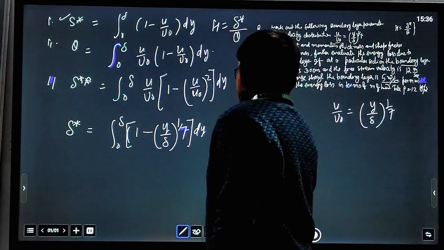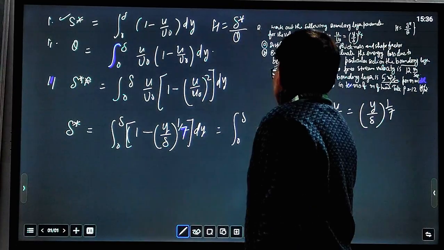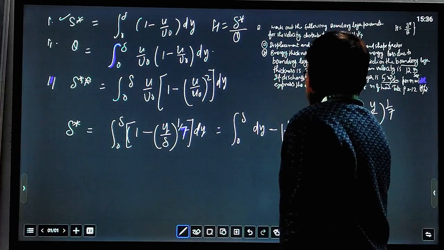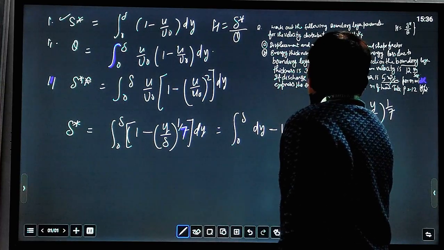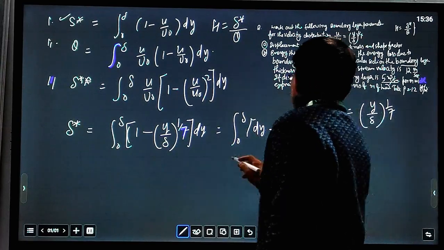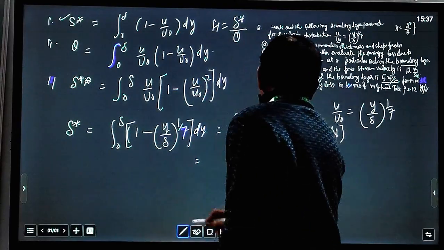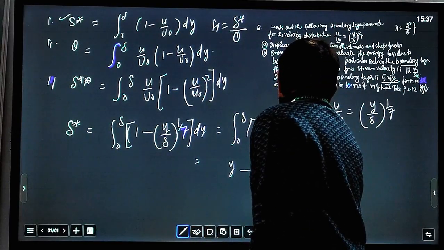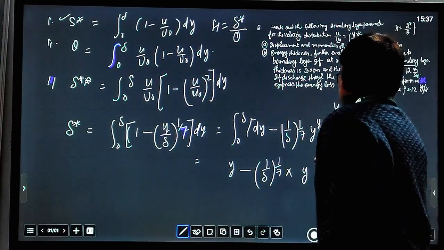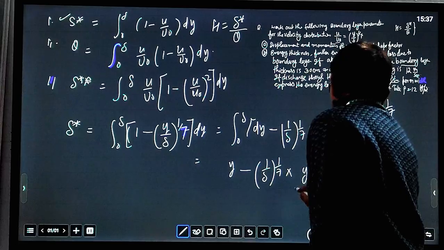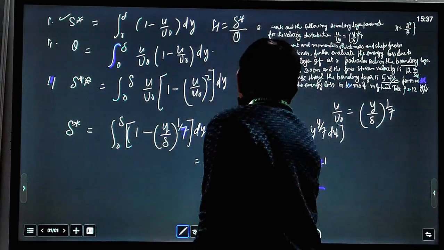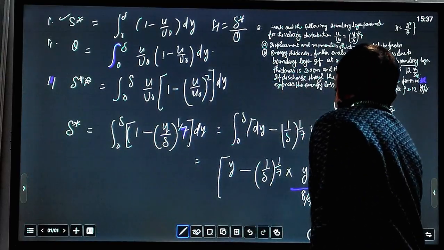Now it equals integration 0 to del of dy minus 1 upon del to power 1 by 7 times y to power 1 by 7 dy. So integrating this one, we get y minus 1 upon del to power 1 by 7 into y to power 1 by 7 plus 1, upon 8 by 7. Whole limit will be 0 to del.